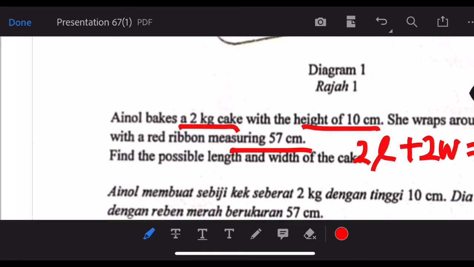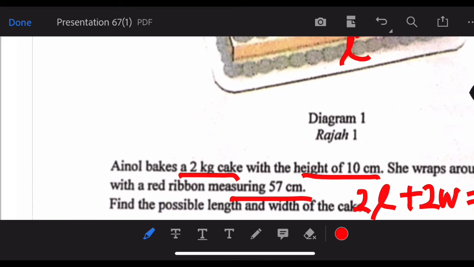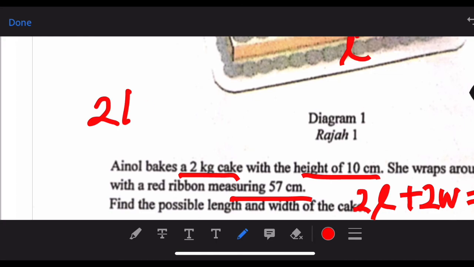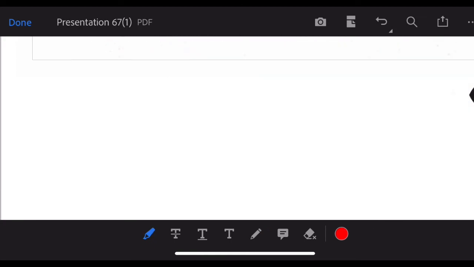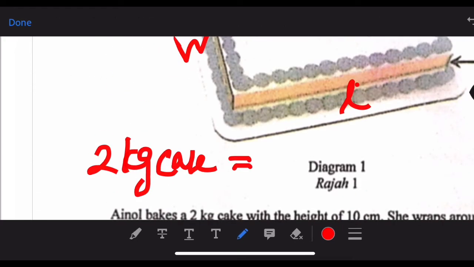You have a 2 kg cake. 1 kg is 1000, so 2 kg will be 2000 cubic centimeters, right?